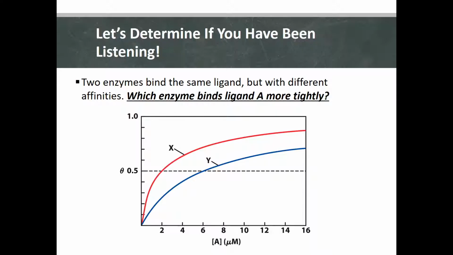If you remember, the smaller the KD, the stronger the interaction, the tighter the binding. So in this case, enzyme X binds ligand A more tightly, with a stronger affinity than enzyme Y. 2 micromolar is smaller than 6. So I can say enzyme X binds A more tightly than enzyme Y.